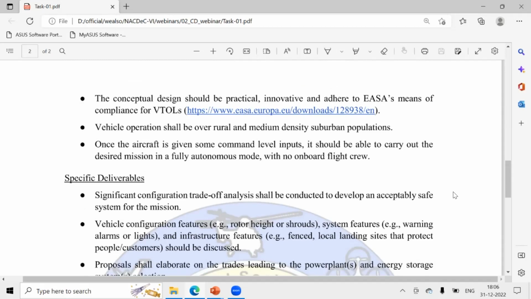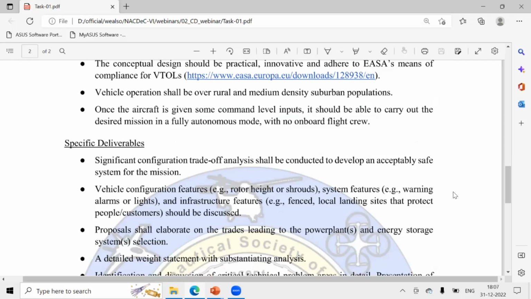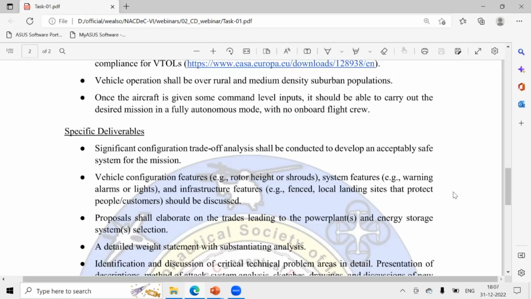Then there are means of compliance given on the website, which we have linked. We are expecting it to fly over rural and medium density urban and suburban populations. We don't expect it to be flown in the peak urban scenario. And we want it to be fully autonomous with no onboard flight crew, and that is the biggest challenge.